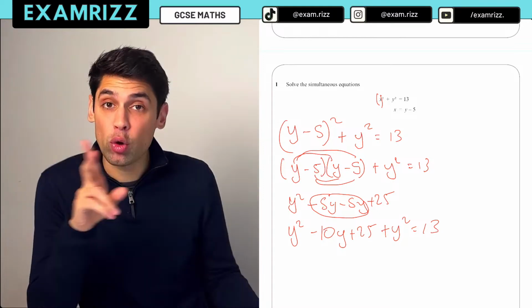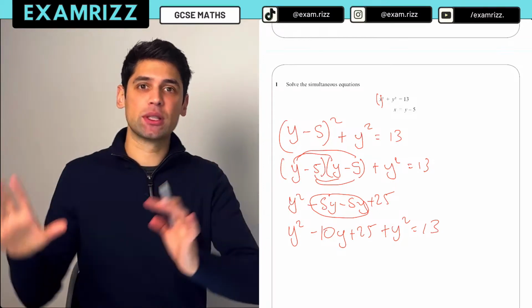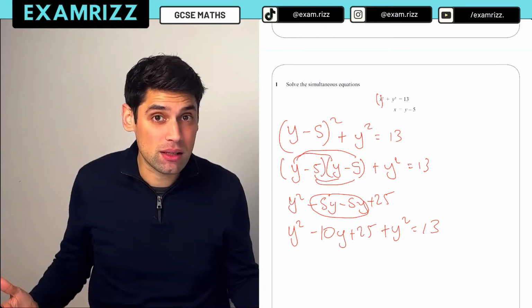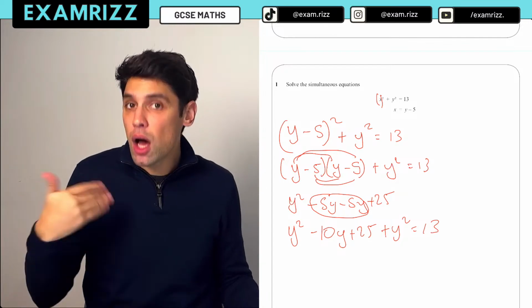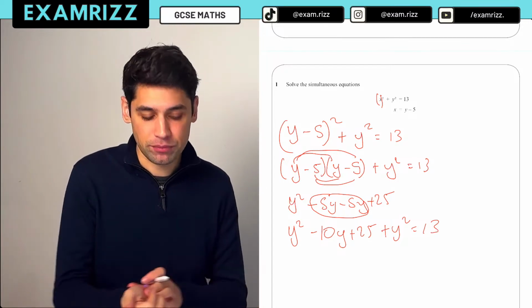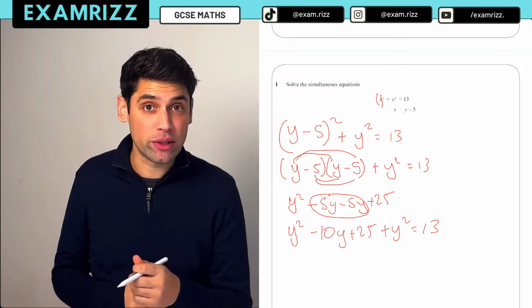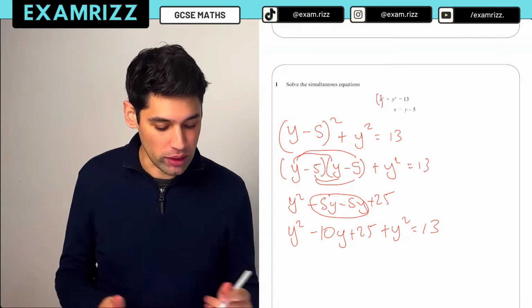Now, when something's going to be a quadratic, we need to treat it like one. So the aim here is to move everything to the same side and make it equal to 0. These are instincts, I suppose we could call them, but we need to learn them. We need to do enough quadratic questions, enough algebraic questions, to start spotting when a quadratic occurs so we know how to deal with it.